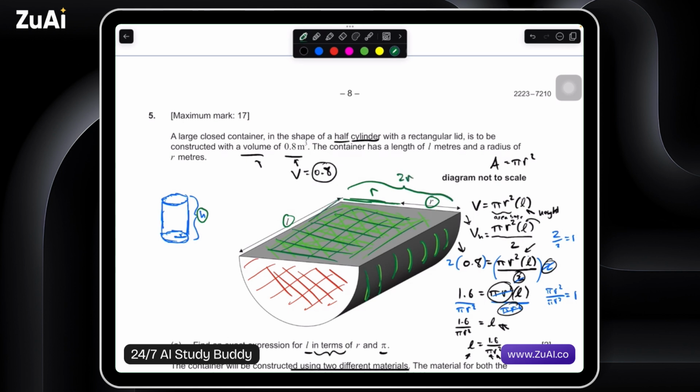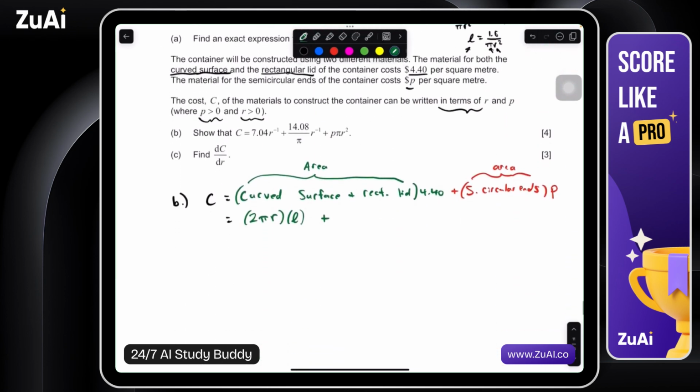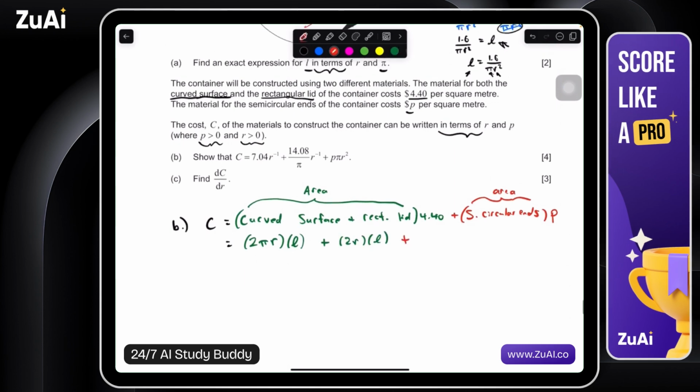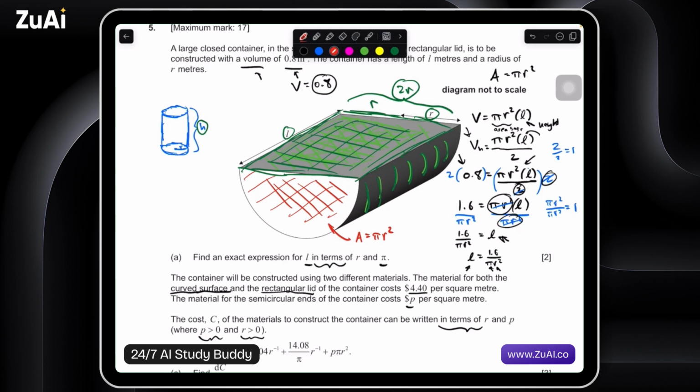So if we want to find the area of this rectangle, a rectangle is of course length times width. The dimensions of this rectangle are 2r times L. 2r times L. And then we have plus the semicircular ends. This is given to you in your formula booklet of course, area is equal to pi r squared. But we don't have a full circle, so each of these is just half. We have half of a circle, so it's pi r squared over 2.